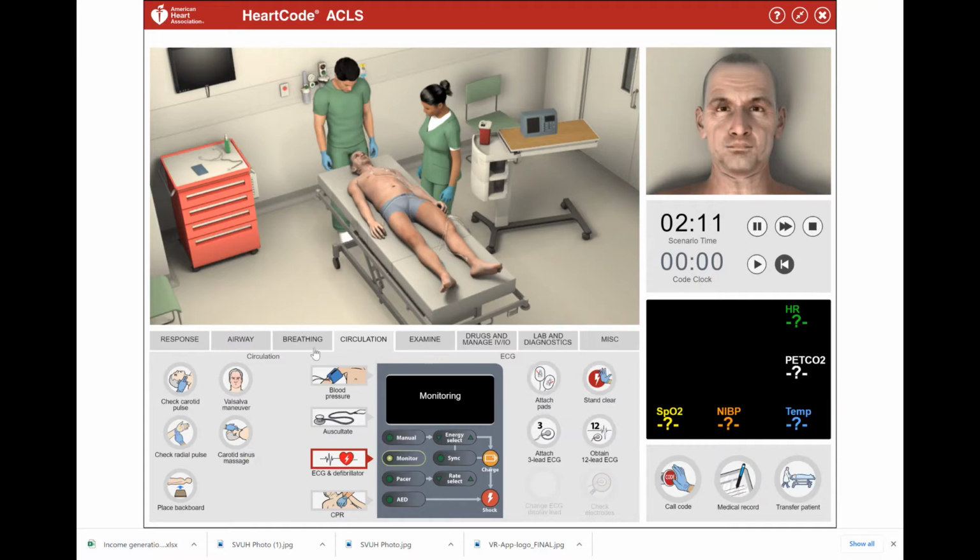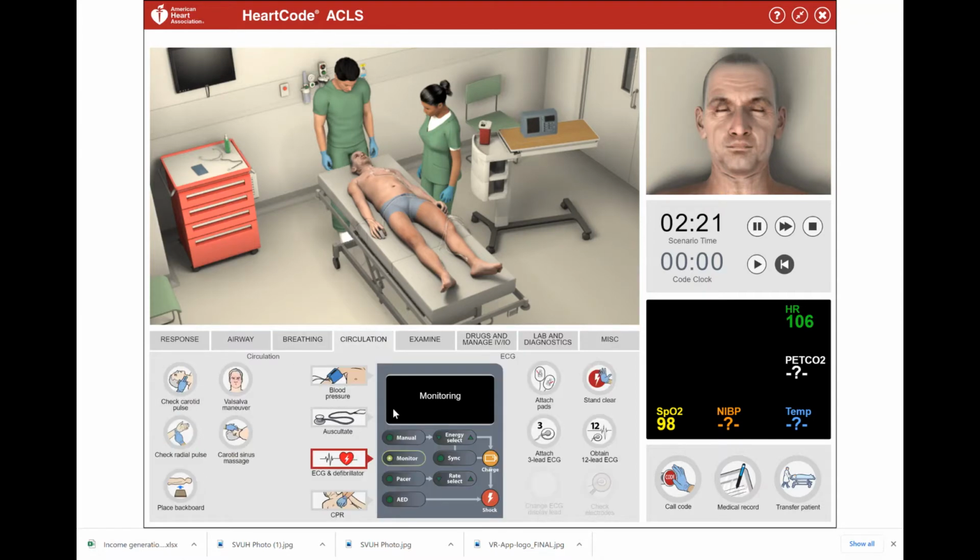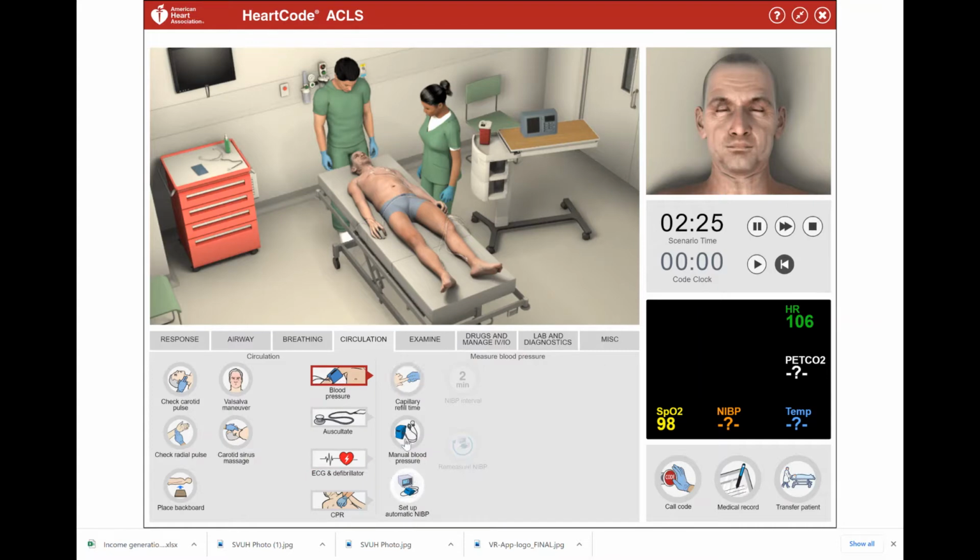So let's do his pulse oximeter, so it'll give us a heart rate and an oxygen saturation, and we'll check his blood pressure as well, which will be under auscultation. Blood pressure. So we'll do automatic blood pressure monitoring. This is something that is kind of available in Resus, but not so much on the floor.